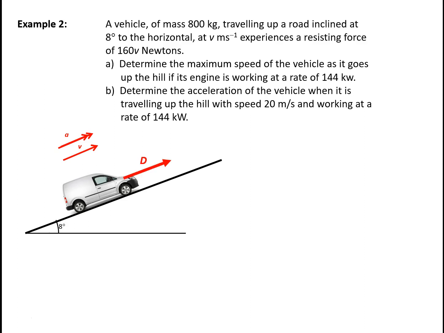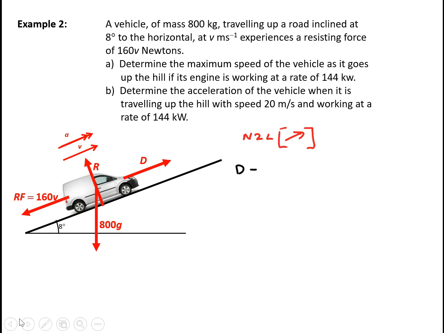So we've got the driving force, we have the weight, we have the resistive forces, and we've got the normal reaction. Applying Newton's second law up the slope, we have, first of all, the driving force, D, acting up the slope.